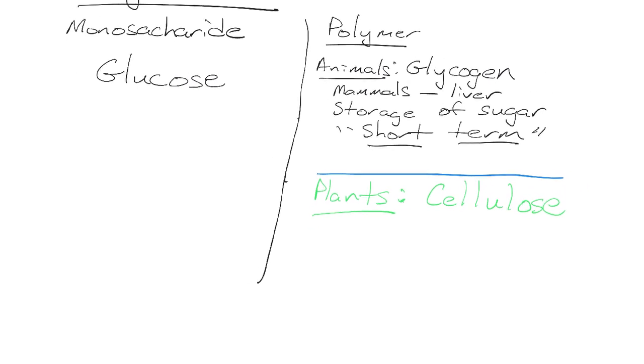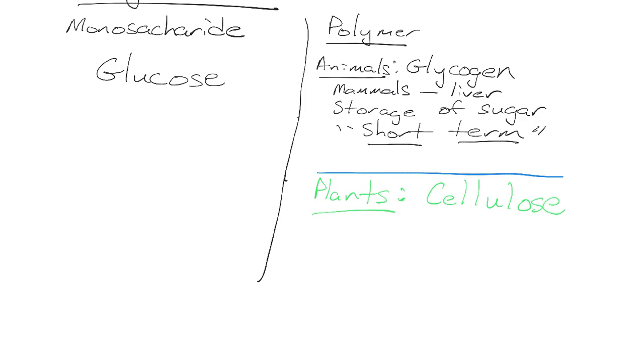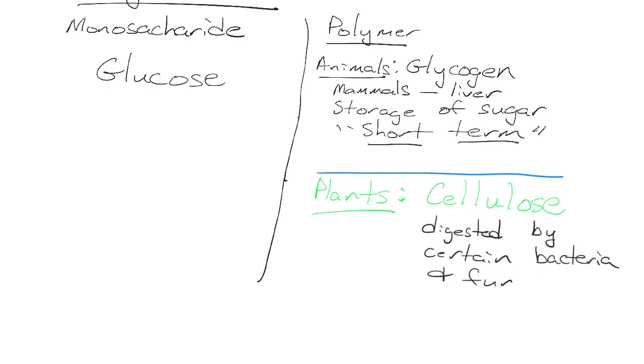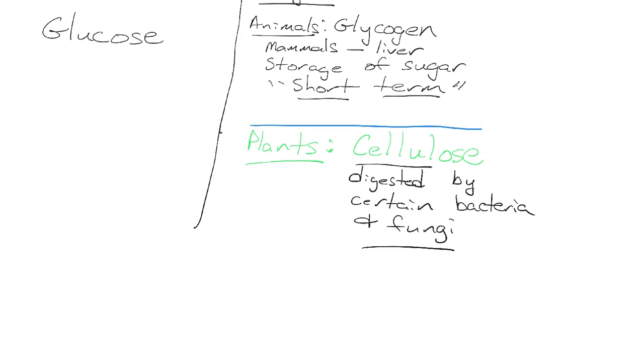But it's just connected in a way that we can't eat it. Almost nothing can eat it. It can only be digested by certain bacteria and fungi. Nothing else can eat paper or wood, not even plants. Plants don't put the sugar into wood to eat. They do it for structure.